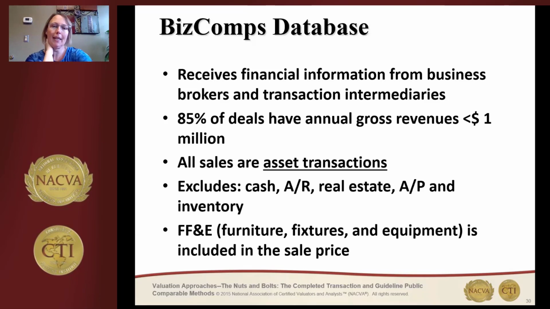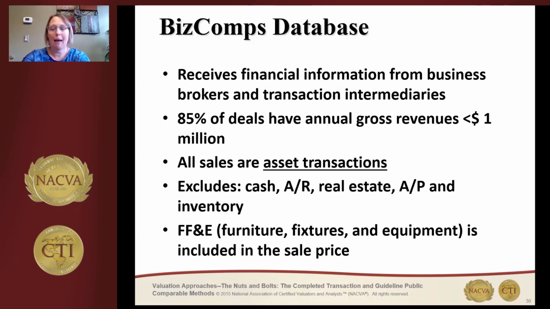If we're analyzing our company and we want to compare it to the BizComps database, let's say we're doing it for merger and acquisition purposes, let's take the accounting firm. I said a CPA firm tends to sell, or used to sell, for 1.2 times revenues, right?